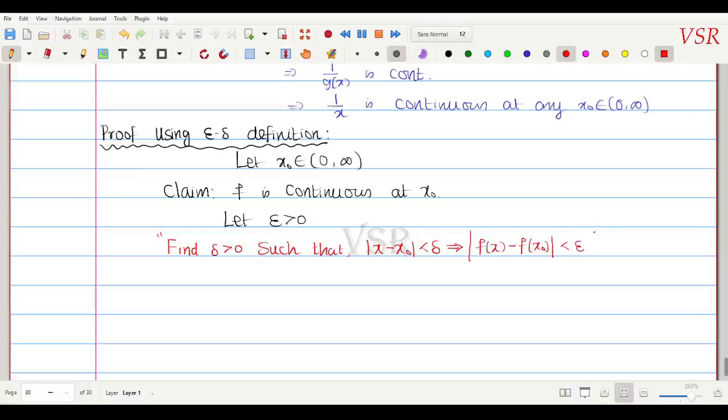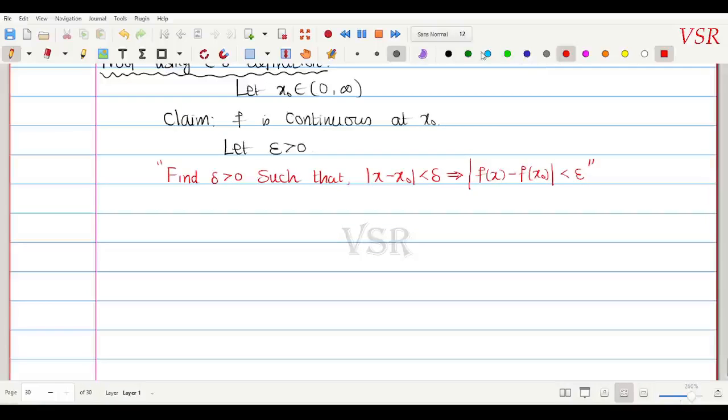This is the thing we need to show, so find a delta positive which satisfies this condition. Then we will go for a rough calculation on the side.